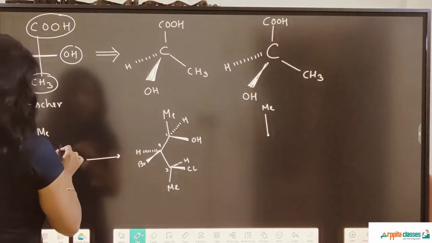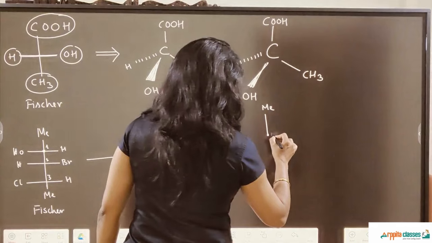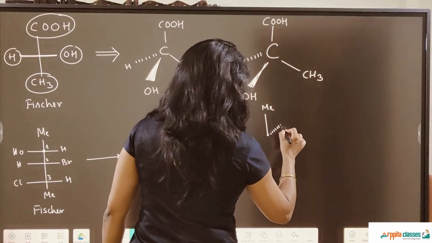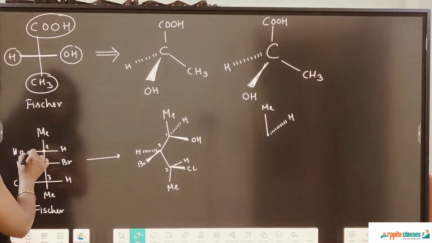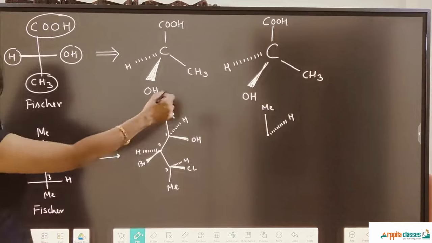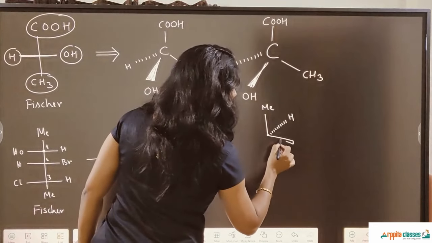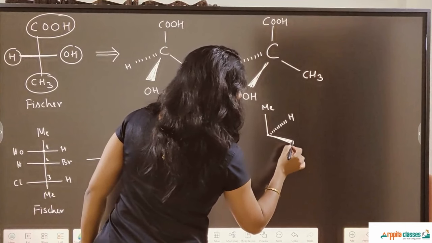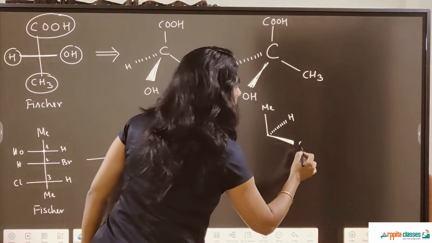This hydrogen is below the plane, so I will draw a broken line to represent this hydrogen. And this one is above the plane, so I drag it towards that side and show it by a wedge, because this OH is above the plane.